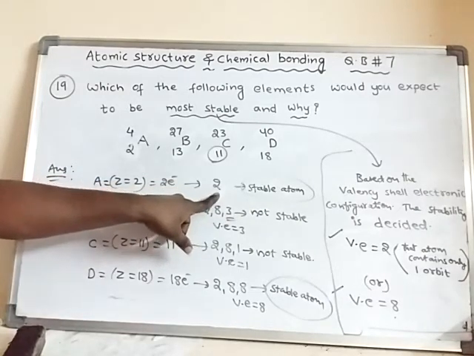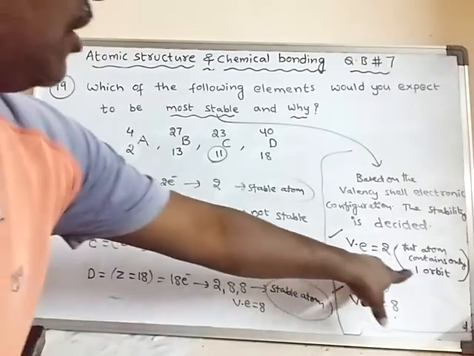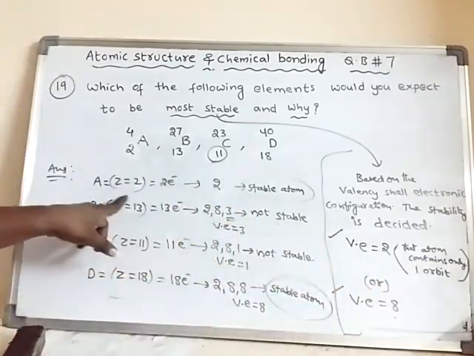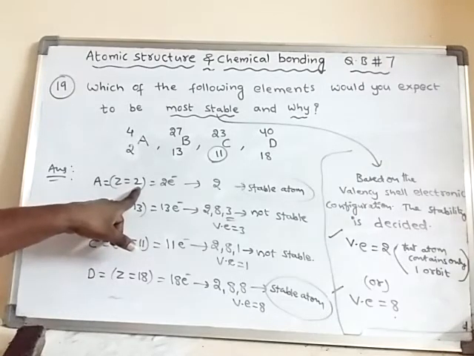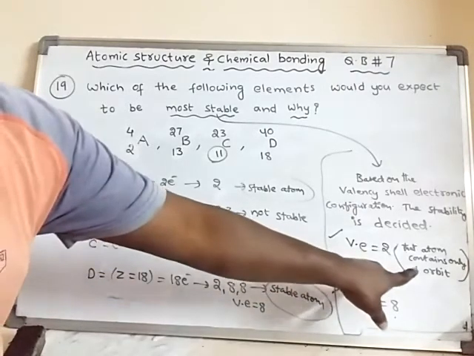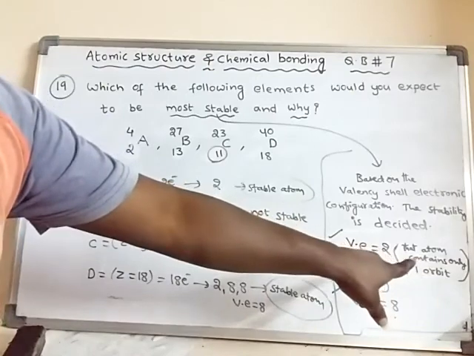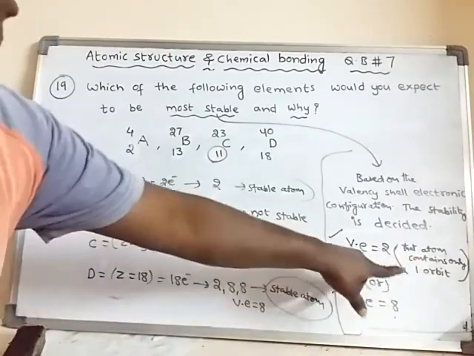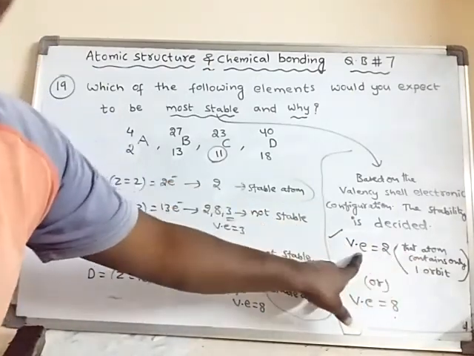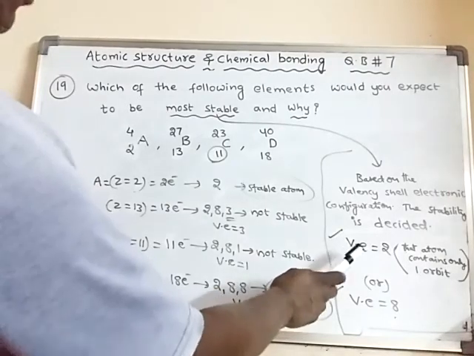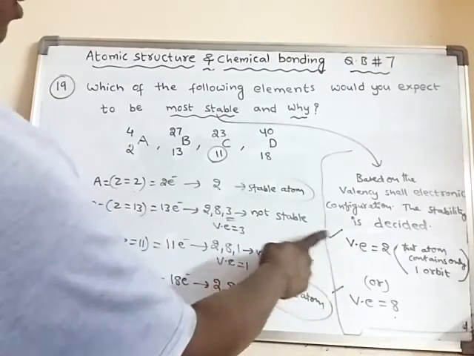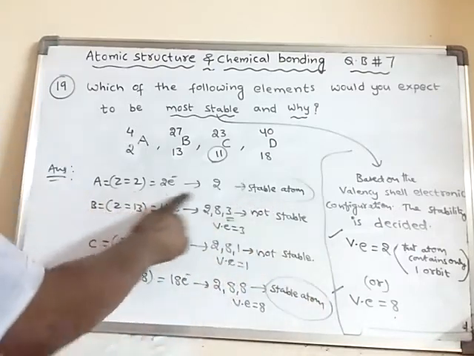Hence this condition is met, because this atom contains only one orbit and that orbit contains 2 electrons. So based on this condition, this atom is a stable atom.